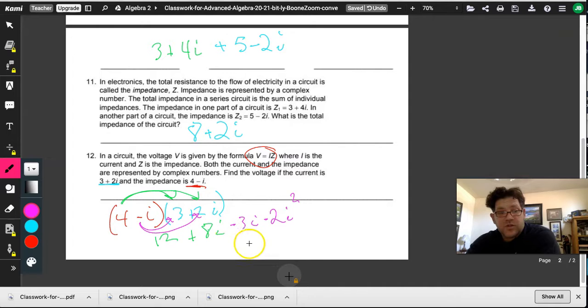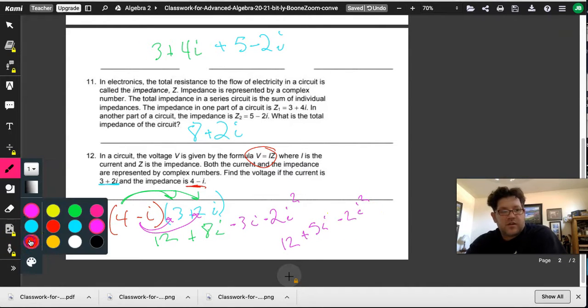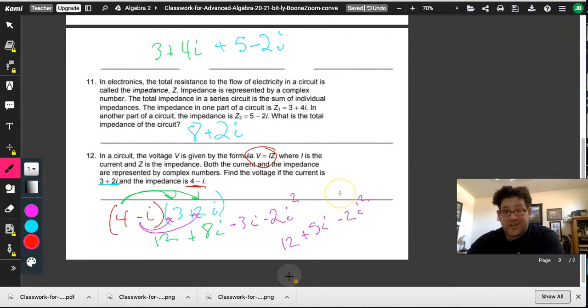Combine my like terms. We get 12 plus 5i minus 2i squared. Now remember, i squared is just negative 1, so this is negative 2 times negative 1, so this becomes plus 2.